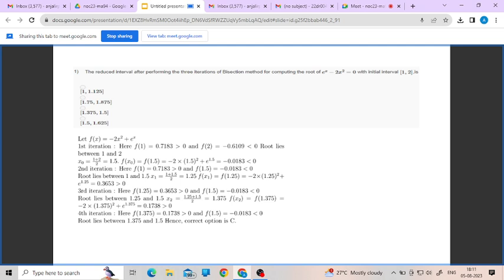Now we have got at 1.25 the value is positive. So we will replace 1 by 1.25. Fine. So in the second iteration we have got two new values. At 1.25 we are getting the function value as positive, and at 1.5 we are getting the function value as negative. Okay, check it. Are you getting it?